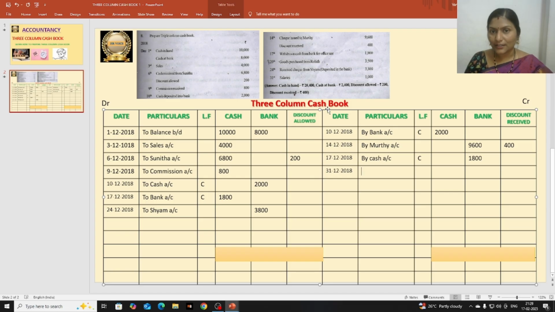They mentioned in the question salaries, so you record salaries. Item name, person name, sales, purchases, capital, drawings, we should mention those only. Don't mention any other thing. Salaries is an item name, an item of expenditure, so we should record that expenditure name only, salaries. But we should start with the word by, by salaries.